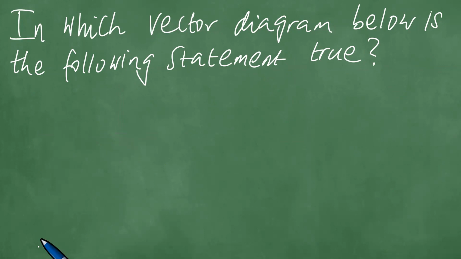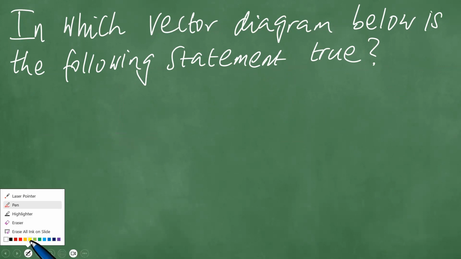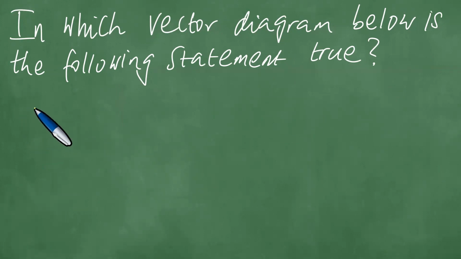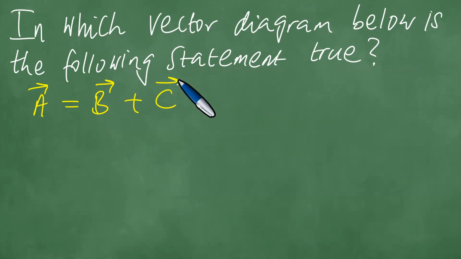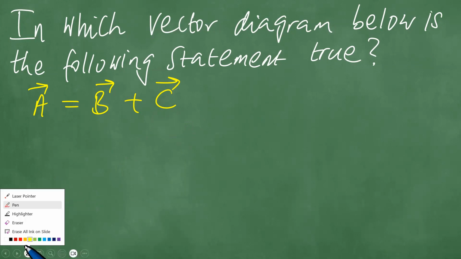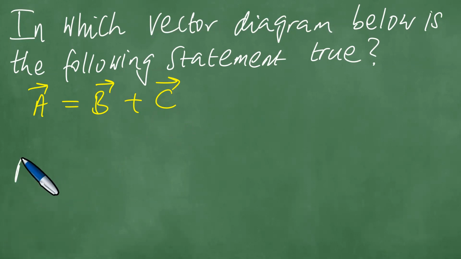Okay, and the statement is vector A is vector B together with vector C. So you have this one.